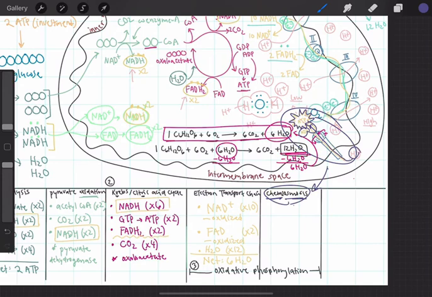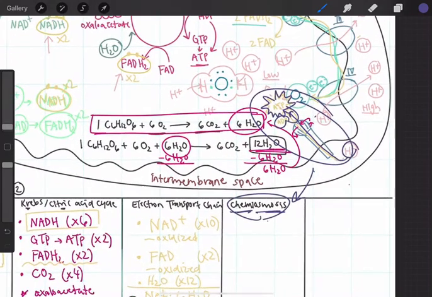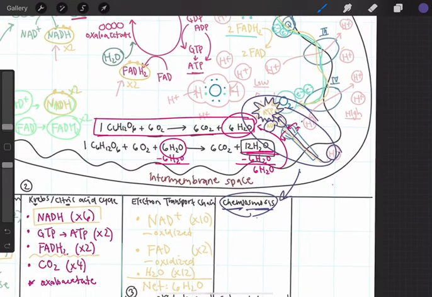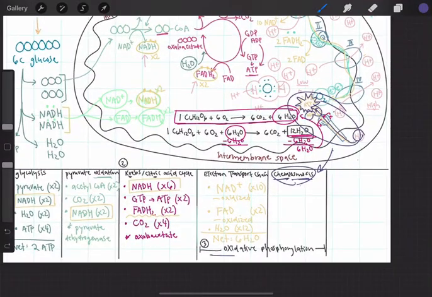And through this chemiosmosis process, it's going through ATP synthase. ATP synthase has this rod connected to a knob down here that is going to phosphorylate ADP into ATP. So this entire process of ATP production is known as oxidative phosphorylation.